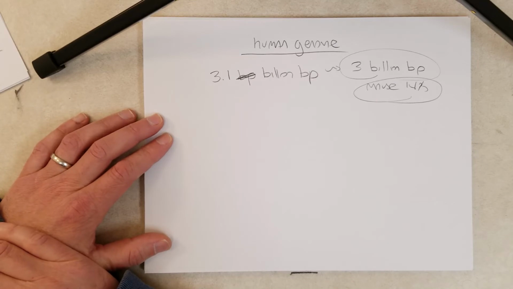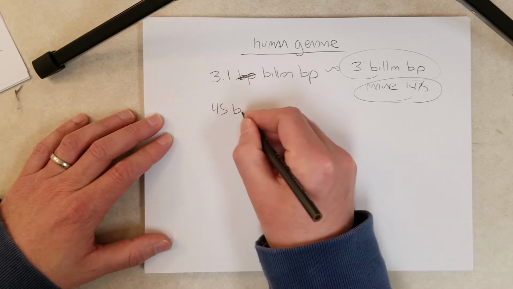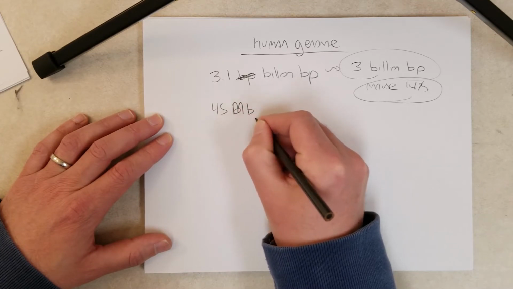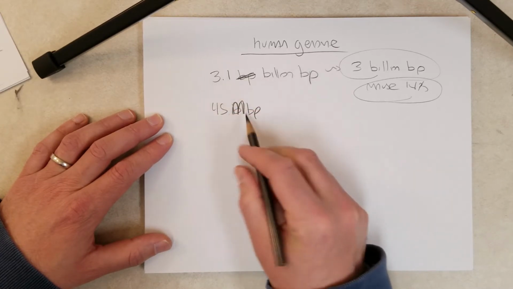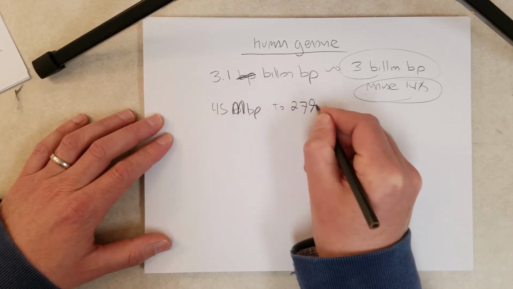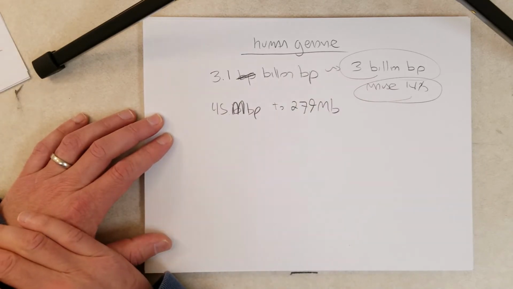The mouse genome is about 14% smaller than the human genome. The human genome's chromosomes range from 45 million base pairs, that's a big M there, 45 million base pairs, to 279 million base pairs. There are regions of euchromatin and heterochromatin spread throughout the genome.